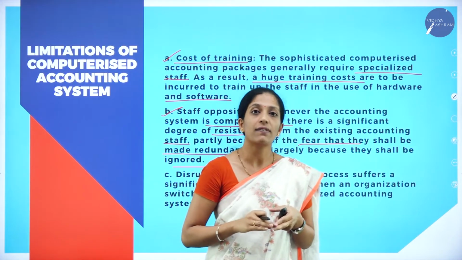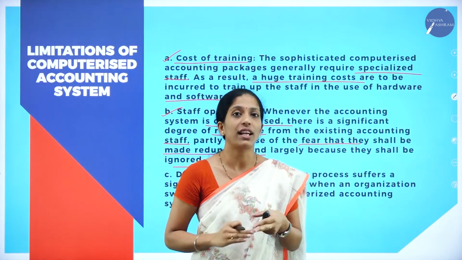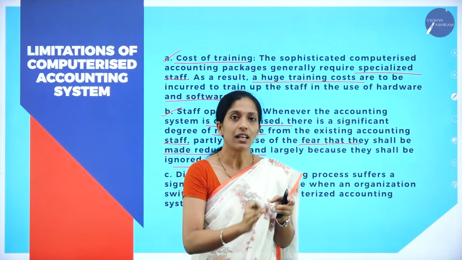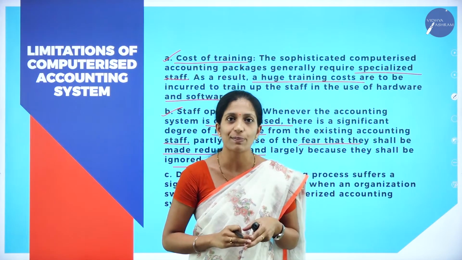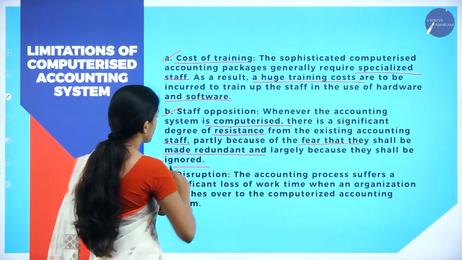And whatever work is done in the computerized accounting system is faster than manual accounting system. So the manual accounting system of the old staff will be ignored. So this fear will always be there in the minds of staff. Next one is disruption.